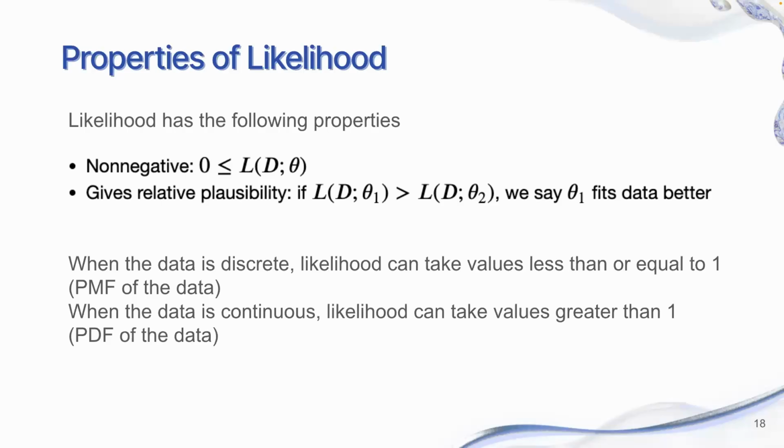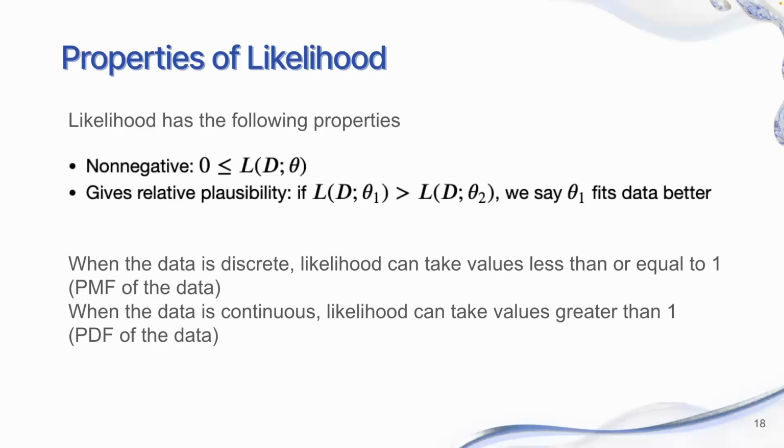Not with 100% certainty, but based on what you have, you can say theta 1 is a better model than theta 2 because it gives a higher probability of seeing this data, because data is all you have, right? That makes sense. And when the data is discrete, your likelihood can only take on values between 0 and 1. For the continuous case, it can be greater than 1.